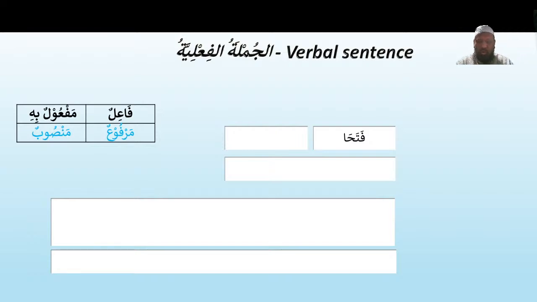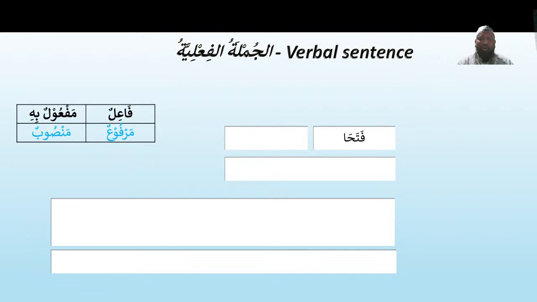No, because the fa'il is already built in. We can see it is ad-damir al-bariz, which is the alif. It cannot have ism dhahir. Ism dhahir comes only with the first two sigas, on the scale of fa'ala and on the scale of fa'alat. With the rest of the sigas, ism dhahir cannot come because the fa'il is already built in.